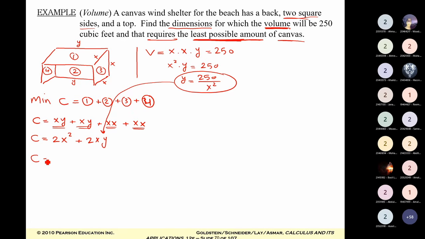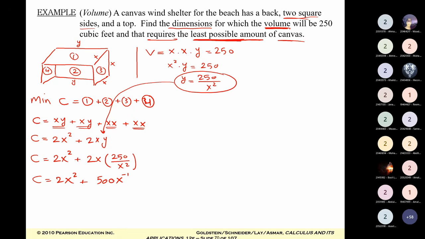So the amount of canvas equals 2x square plus 2x multiplied by y, 250 over x square. So this is equal to 2x square plus 500 x to the power minus 1.